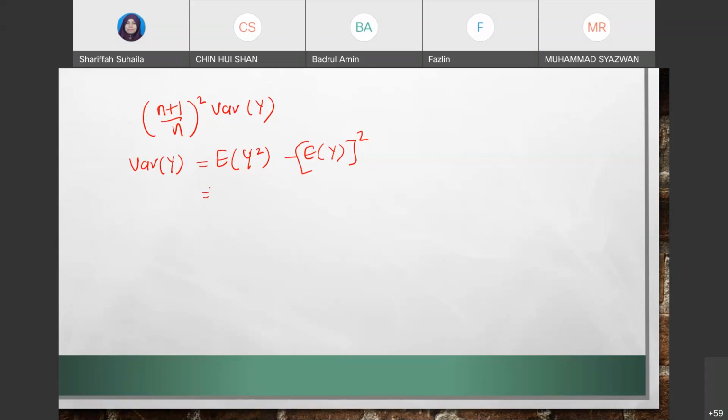Okay, E(Y square), this one, n theta square over n plus 2, minus E(Y), which is n theta over n plus 1, square.